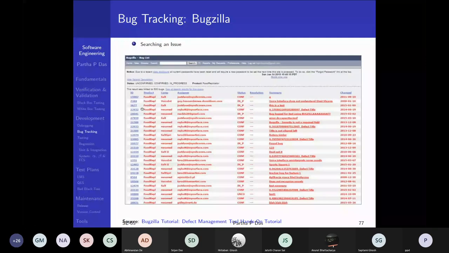So here you have the ID, the product, the component in the product, the assignee who is doing this, there's a summary report, and this is a status. Status is a state that I was talking of. So this is from a system where they use a confirmed status for something being active. Initial status is new, right?